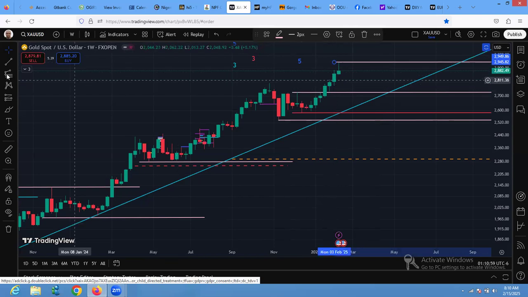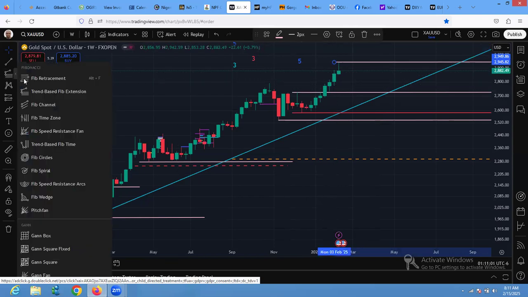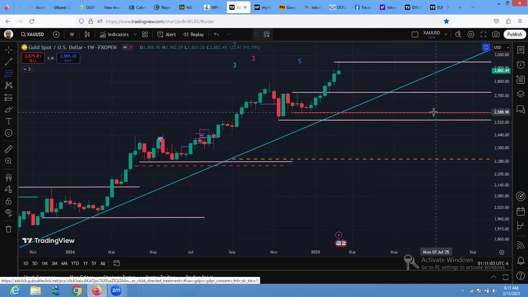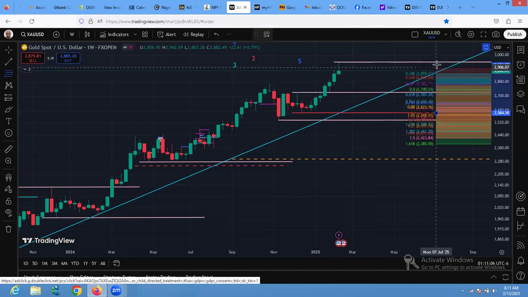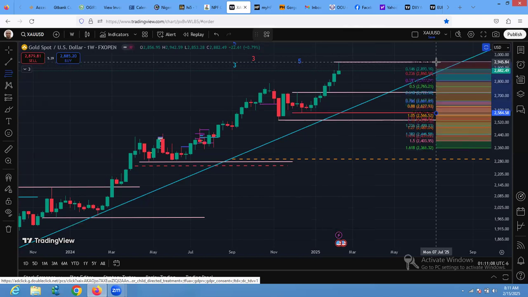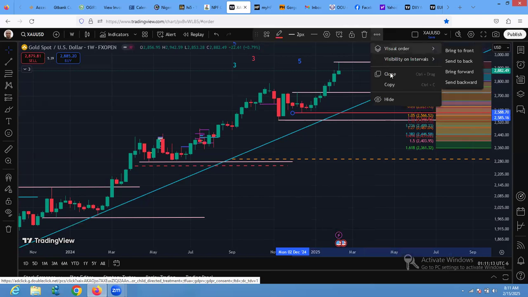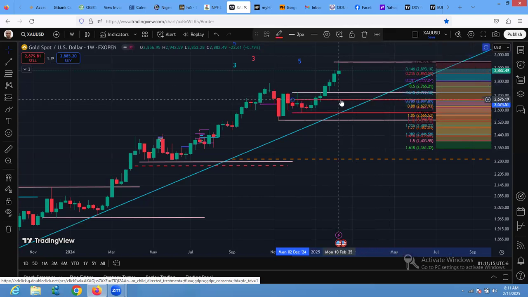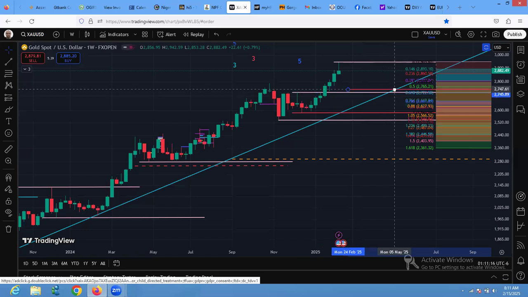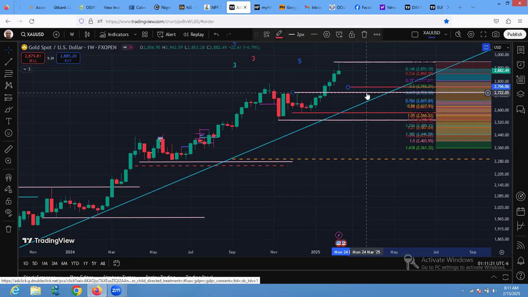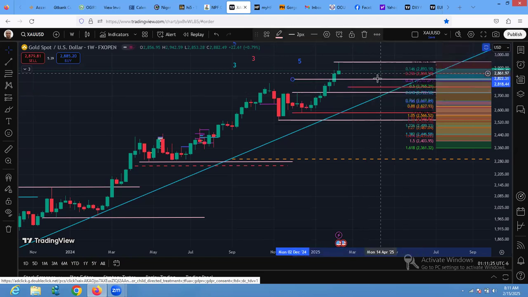So I'm expecting a 4th wave. From here, I expect my 4th wave, and it should not break this low.